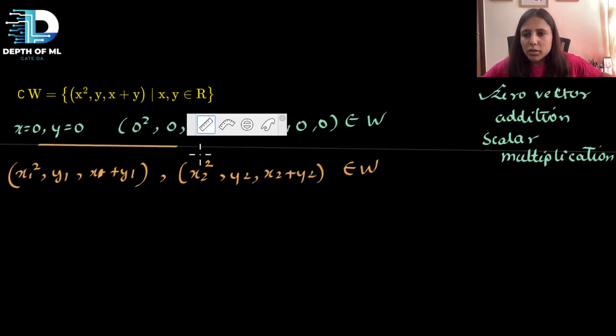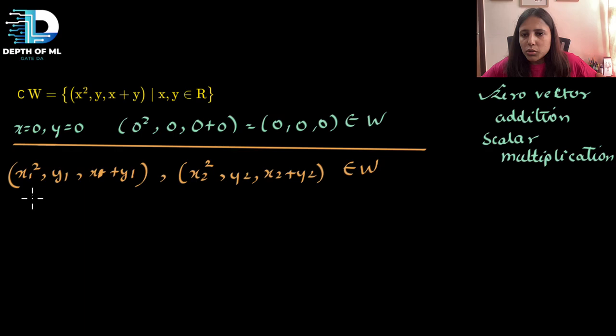Let me draw a line here. So let me add them up and see if this is of the same form. So we have x1 squared plus x2 squared, y1 plus y2. Now we have x1 plus x2 plus y1 plus y2.